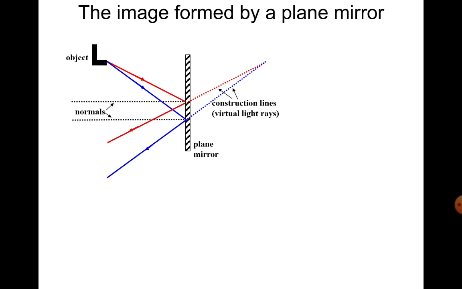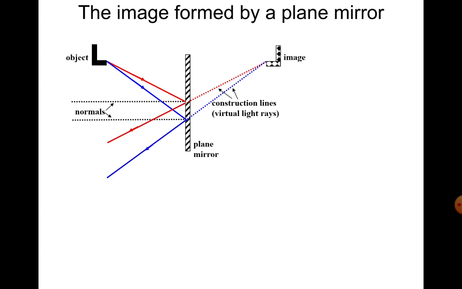Then, for example, the red ray is coming in from the object. You draw the dotted line through the mirror to the outside, and then you find your reflected ray. We will practice this more in class, so you will get used to how to make construction lines.